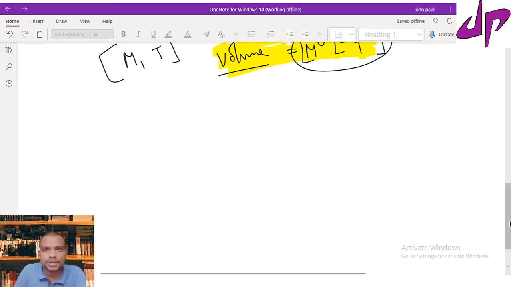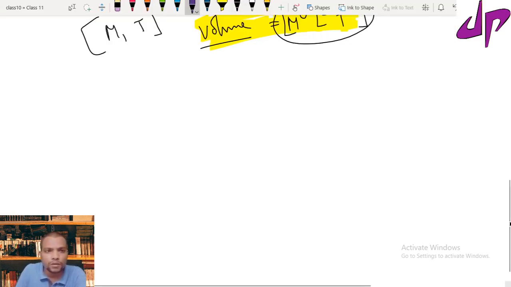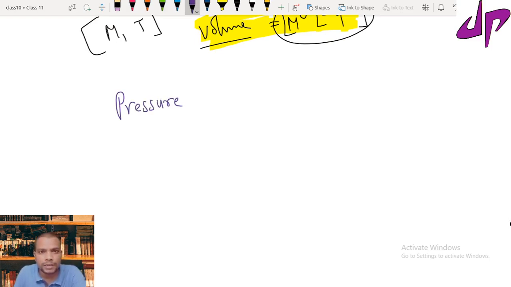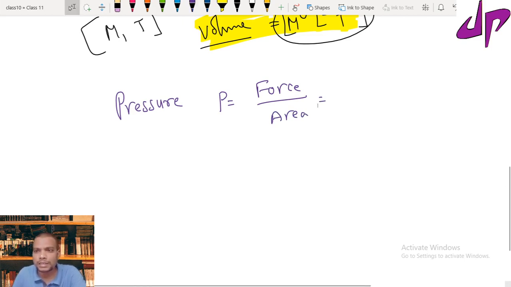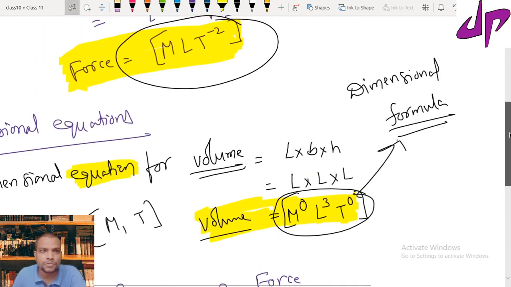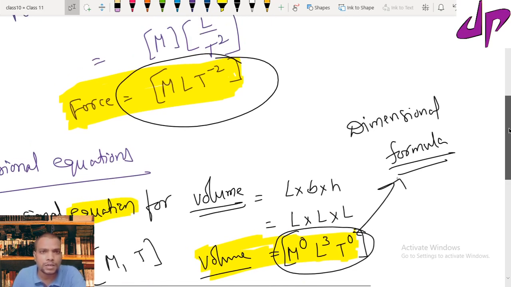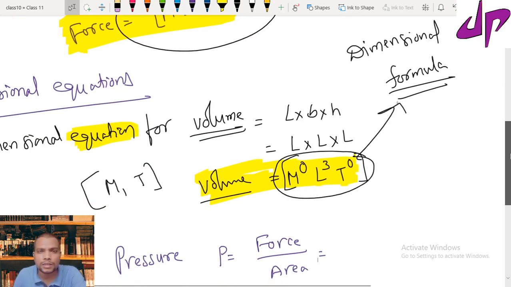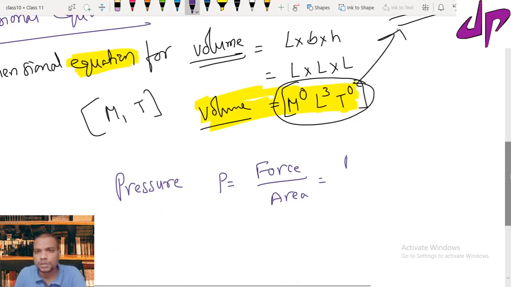For this, let me take pressure as an example. Pressure P equals force upon area. What are the force dimensions? From the earlier expressions we derived the force dimensions: M L T inverse 2. So it is M L T inverse 2 upon area.